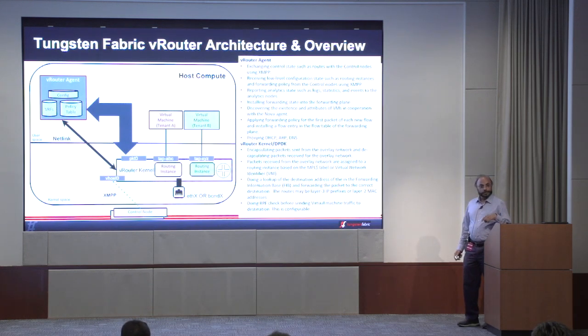VRouter agent, in my previous slide, I showed that the VRouter agent or the hypervisor is talking to the control plane. The control plane parses the policies, it figures out where the agents are, or it needs to broadcast, or it needs to talk to a specific agent and whatnot.